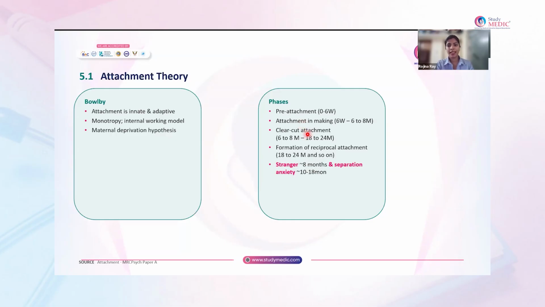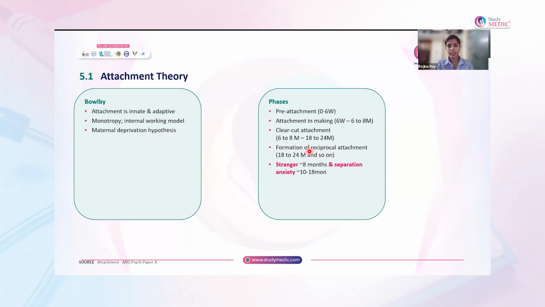The second phase is attachment in the making. This is from 6 weeks to around 6 to 8 months. Here the infant may show different responses towards familiar figures and strangers, and may develop a tendency towards the principal attachment figure.